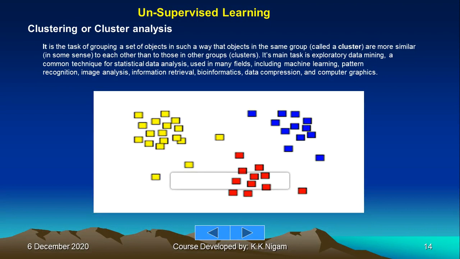Clustering, or cluster analysis, is the task of grouping a set of objects in such a way that objects in the same group, called a cluster, are more similar in some sense to each other than to those in other groups or clusters. Its main task is exploratory data mining, a common technique for statistical data analysis used in many fields, including machine learning, pattern recognition, image analysis, information retrieval, bioinformatics, data compression, and computer graphics.